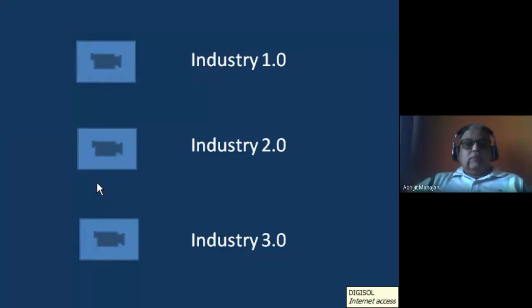Miniaturization started taking place in the electronic circuitry. During this time, computers and operational technologies moved ahead in two different silos, and that's where the problem was created.